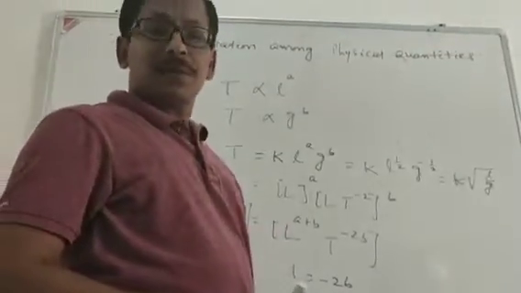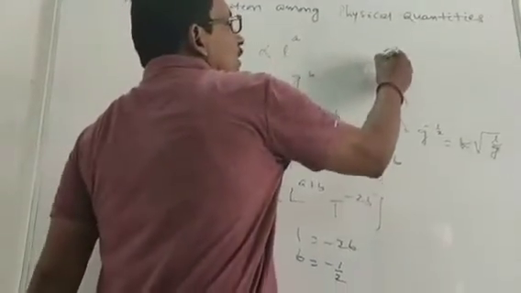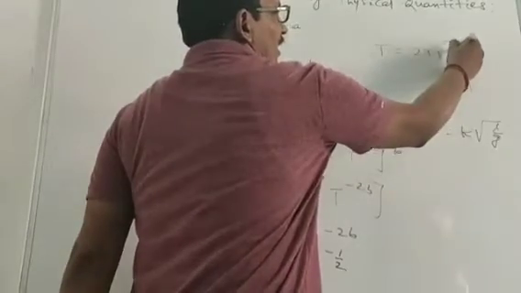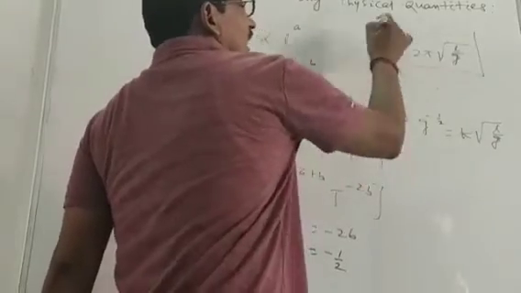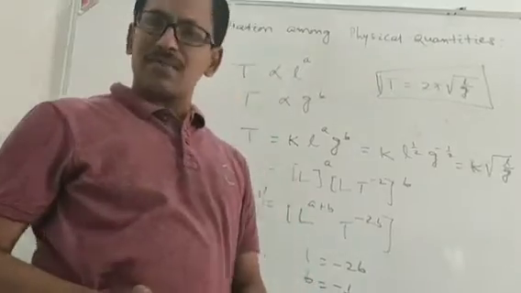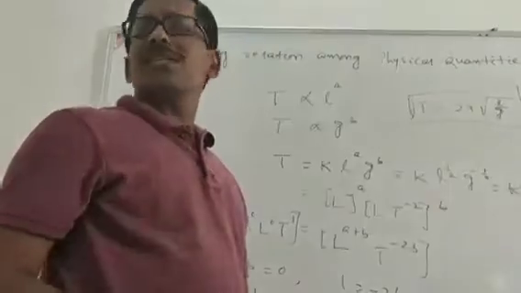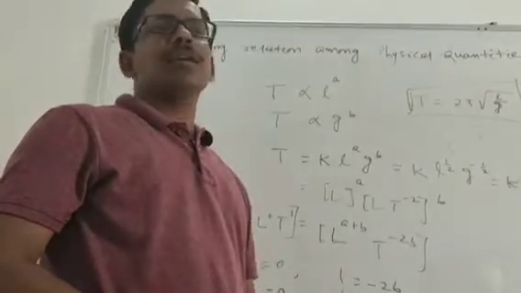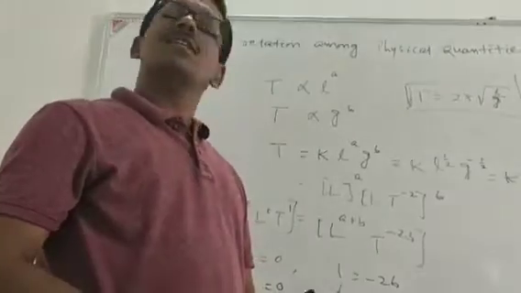Experimentally it is found that the value of k is 2 pi. So T will be equal to 2 pi root over L by g. This is the expression for the time period of a simple pendulum, which we have derived on the basis of dimensional analysis. So using dimensional analysis, we can derive a number of formulas if you know the factors on which it depends.